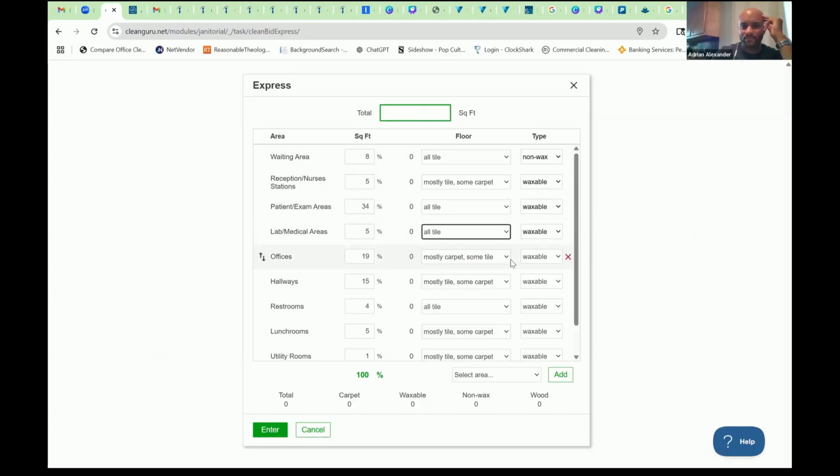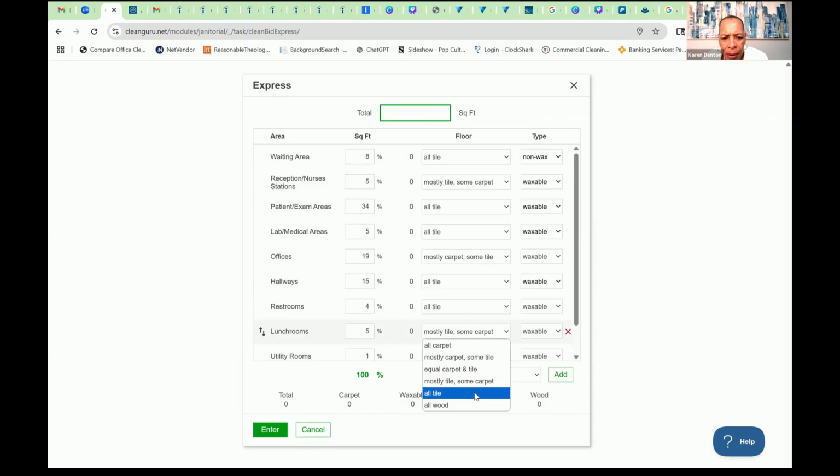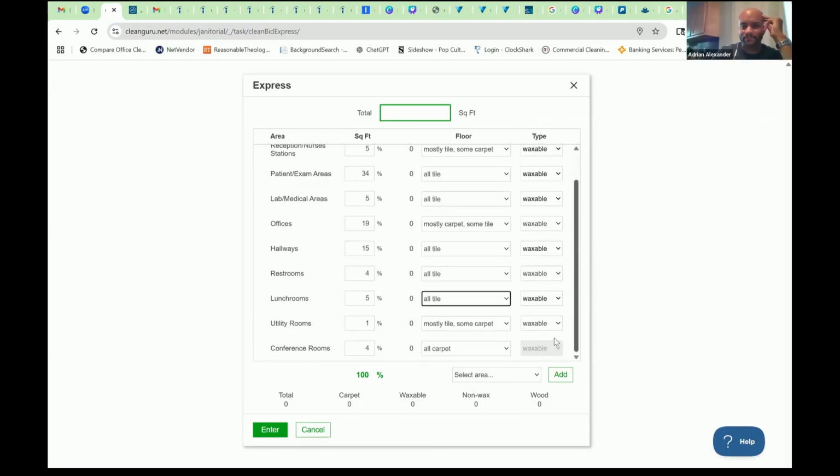And plus, you don't want your proposal to read that you're talking about carpet and ain't no carpet in the building. Are all of those floors wax floors? Are you supposed to wax them floors? We never discussed that. Okay, so take wax out and put non wax.